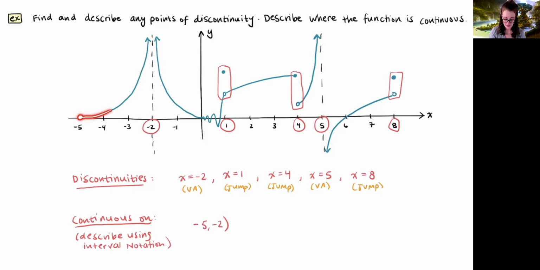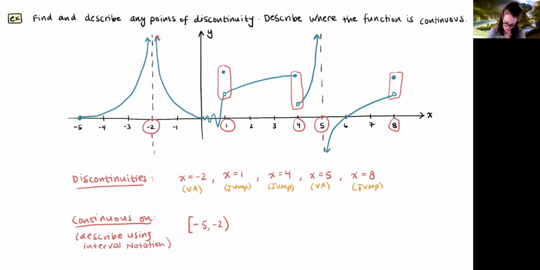It's not like at the other end here where there is a discontinuity at the end point. So one way that we could describe this is including -5 in our interval, or it's continuous from one side, from the -5 side here. Or sorry, from the right side, right? So from this side here.